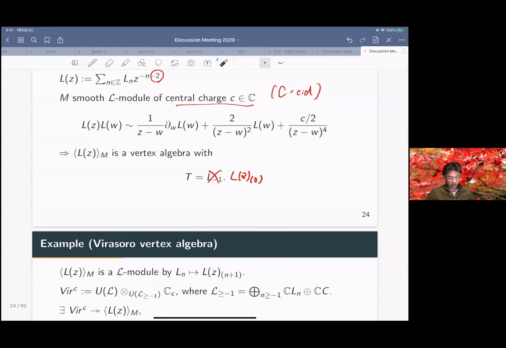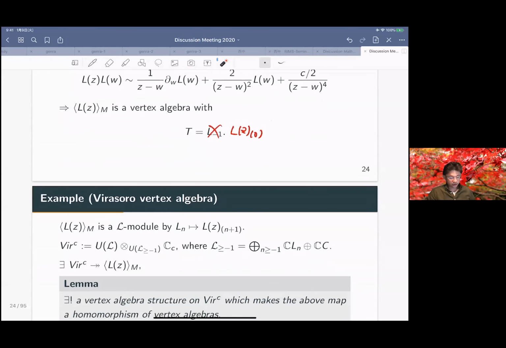So if you consider this kind of induced module, where L_n acts as 0 for n ≥ -1 and C acts as c, then we have a surjective map of modules of the Virasoro algebra.